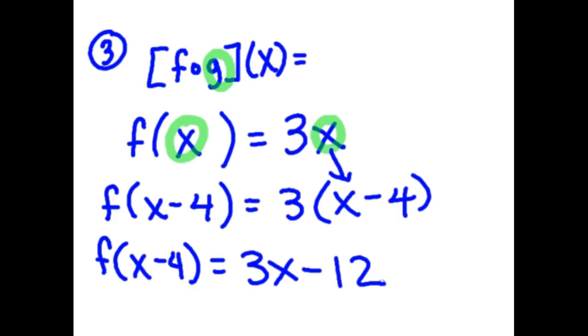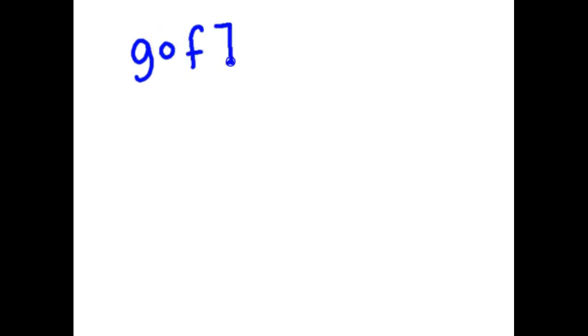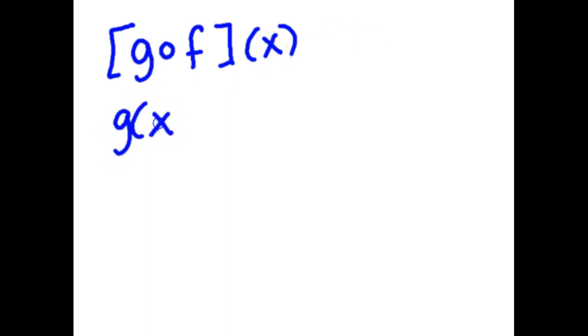Then we have the second part. Let me make that look better. If we do not have a number to substitute in right there, we start with the outside function. What is g? X minus 4.